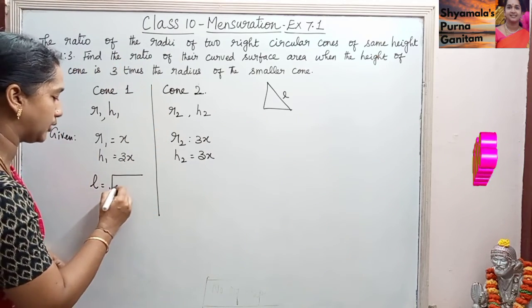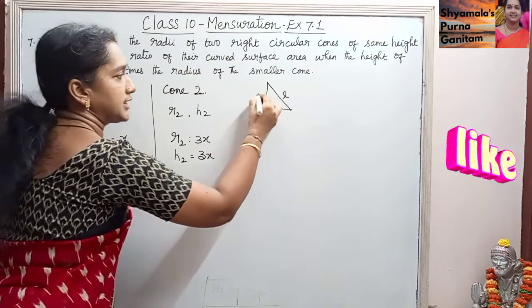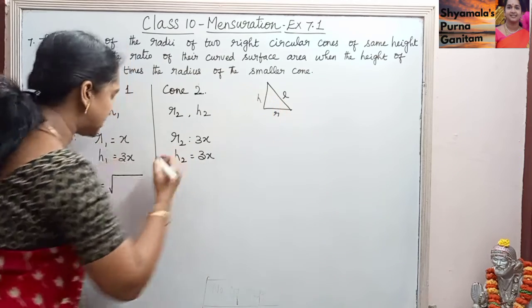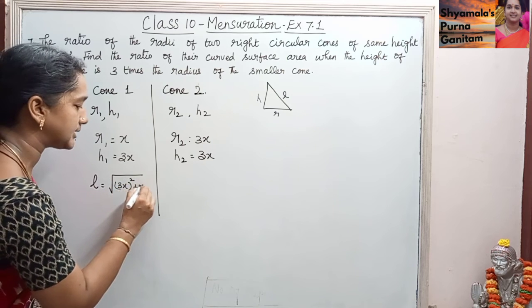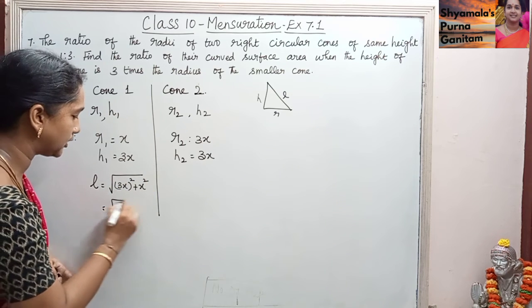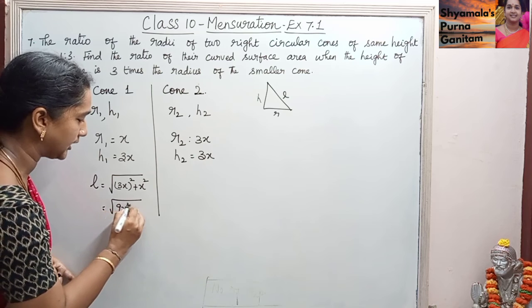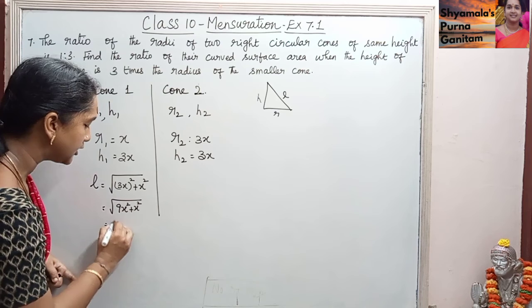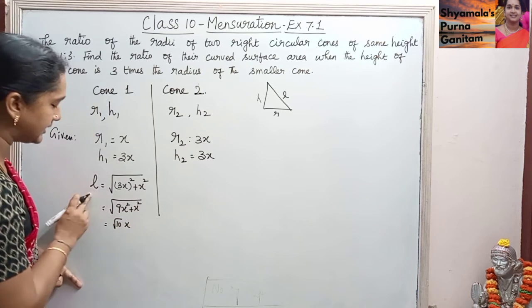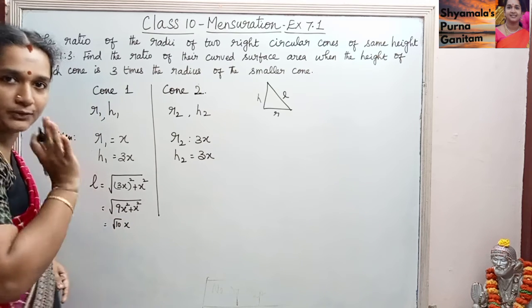So L is equal to root of height squared plus radius squared. This is root of (3x) whole square plus x square, which is root of 9x square plus x square. 9 plus 1 is 10x square. So root 10 x is the slant height for the first cone.